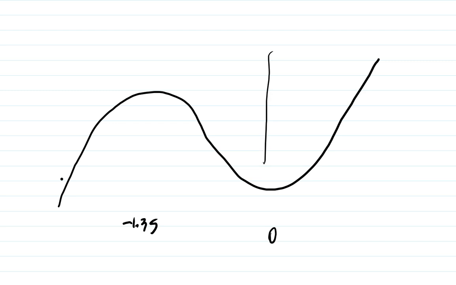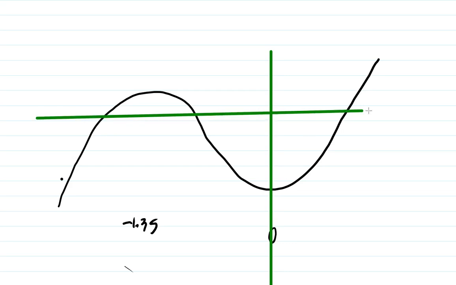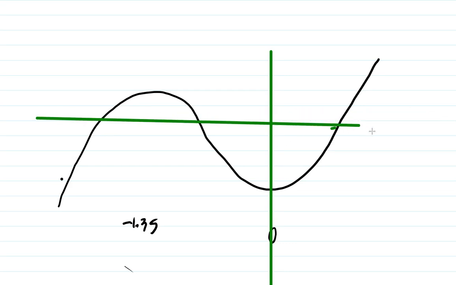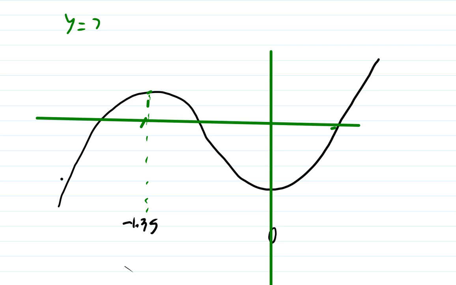So we have our x-axis and our y-axis there. We're just trying to replicate the graph, but not perfectly. You have that point there, about negative 1.35. It should be kind of close. And the function was x cubed plus 2x squared minus 1. So y equals x cubed plus 2x squared minus 1.